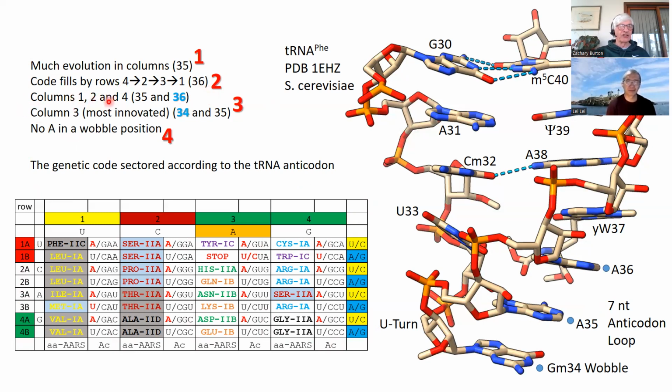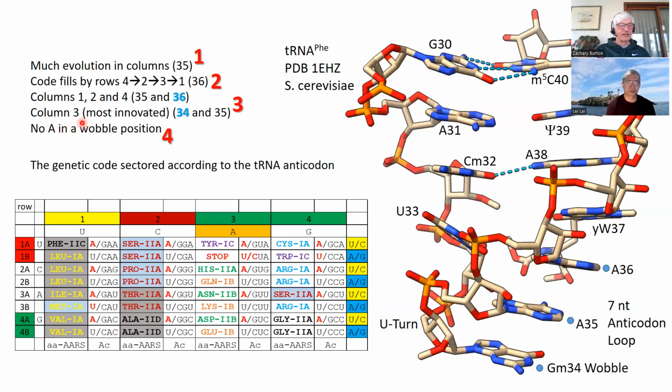And columns 1, 2, and 4 have similarities to one another. And column 3, the most innovated, has this interesting stripe pattern that needs to be explained. That can be explained in a very straightforward way. So columns 1, 2, and 4 primarily sectored on the 35 and the 36 position.